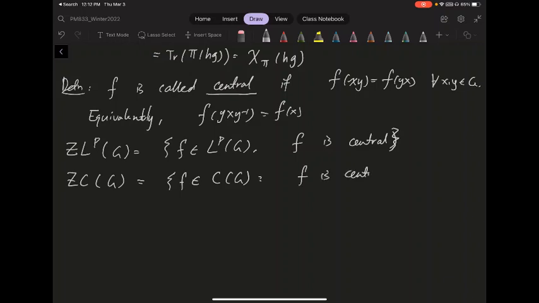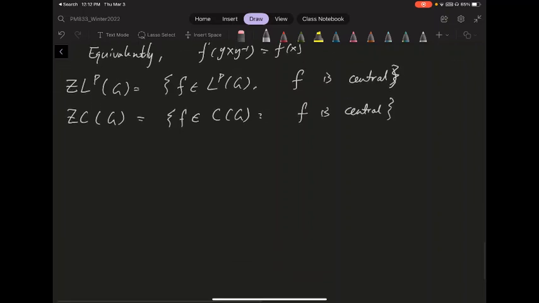If you recall from group theory, the reason I use this letter Z is that in group theory you usually use Z to represent the center of a group. Your Lp space is going to have a Banach algebra structure, and so it has a multiplication structure. The center essentially means it commutes with everything else. That justifies why I use the letter Z.